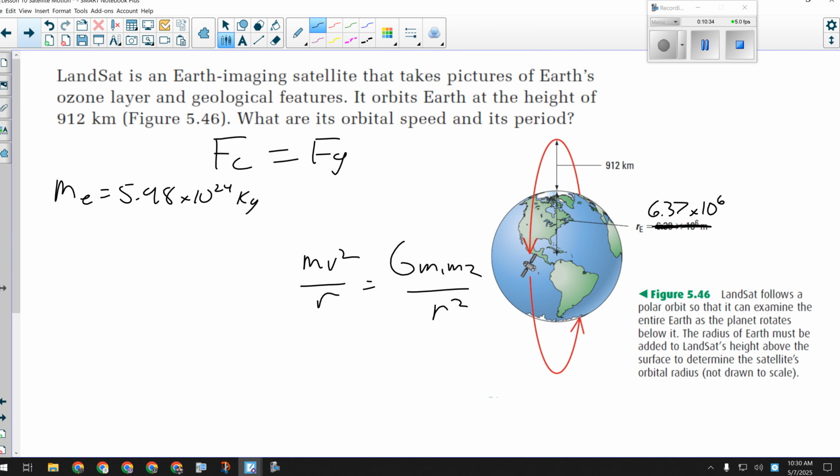It's the distance from where to where? The center of the Earth to the satellite. Right, center to center, which is not a huge deal for a small satellite. But if it was the moon, it would also include the radius of the moon. That r is always center to center.